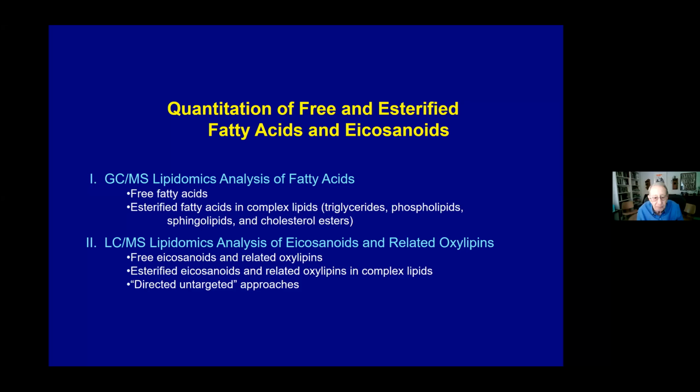Then the larger part of my presentation is on lipidomics of eicosanoids and related oxylipids, for which we use LC mass spec. Now, let me pause right here and make clear. The word eicosanoid technically refers to 20 carbons, icosanoic acid, for example, for arachidonic acid.